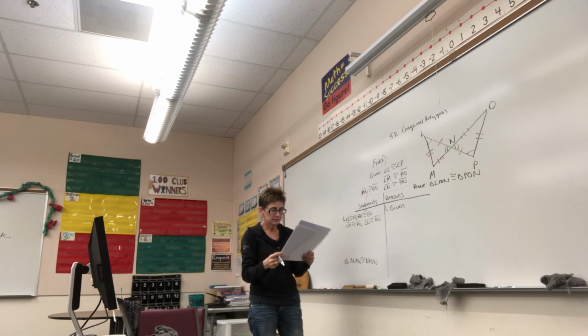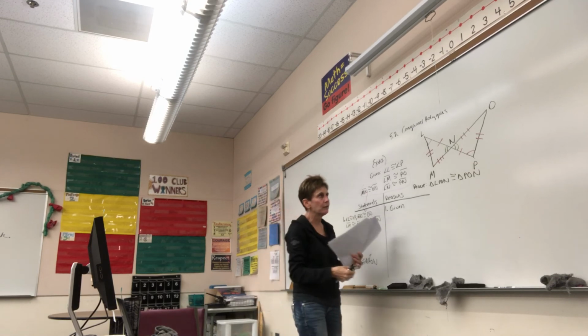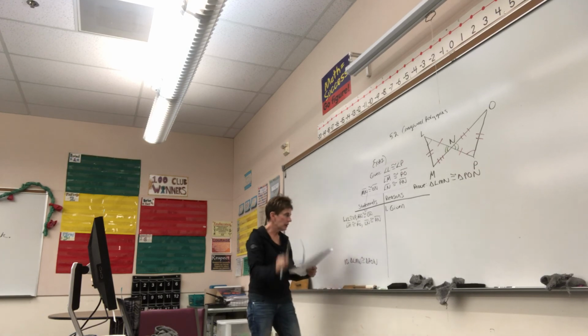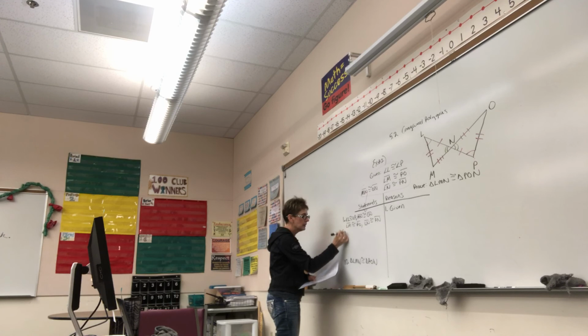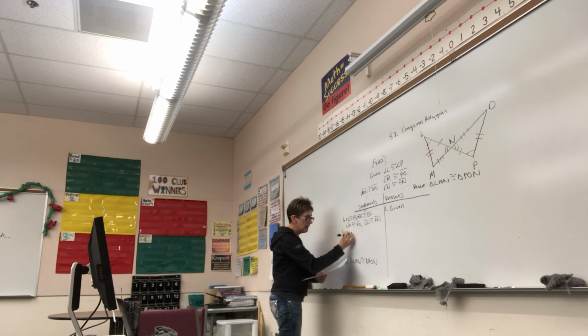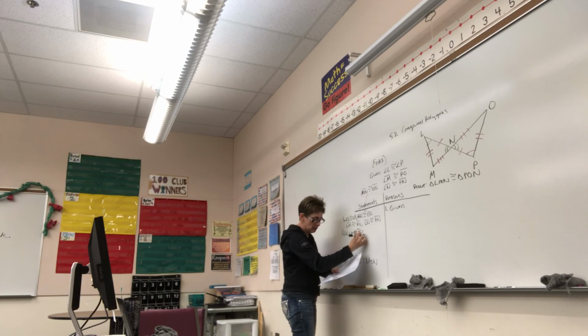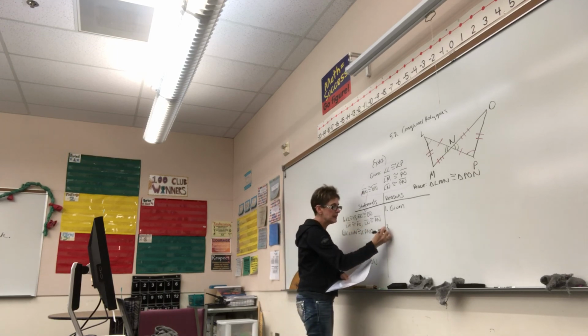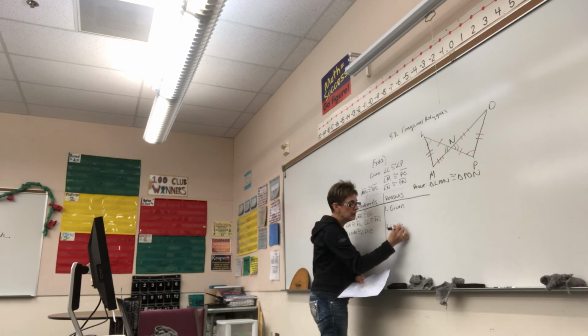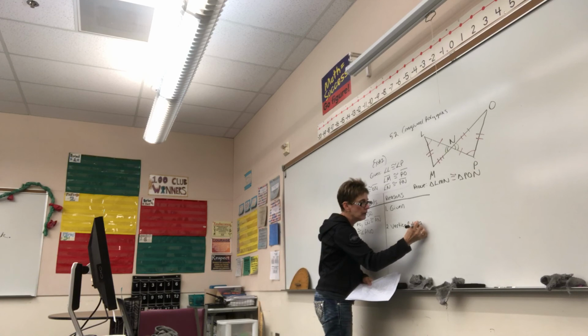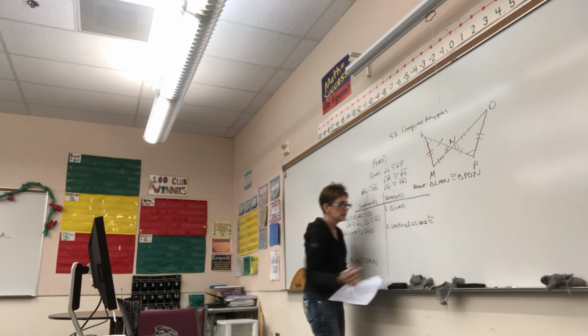The reason is because of vertical angles. So what we're going to write for statement 2 is angle LNM is congruent to angle PNO. And the reason is vertical angles are congruent.